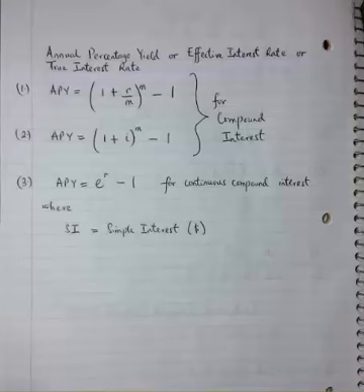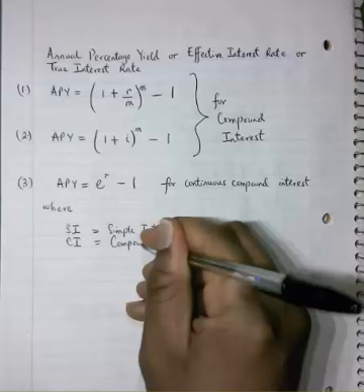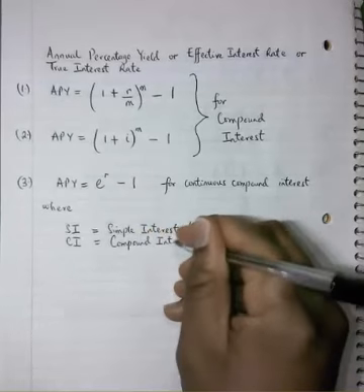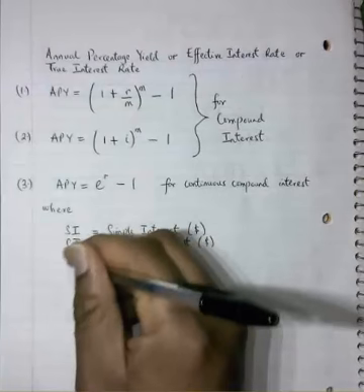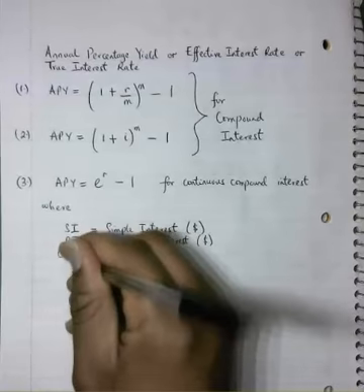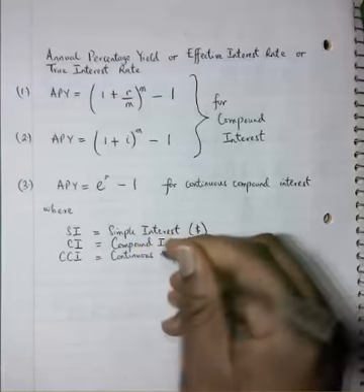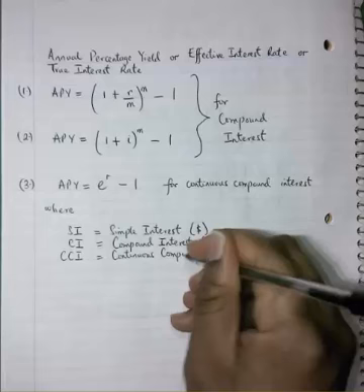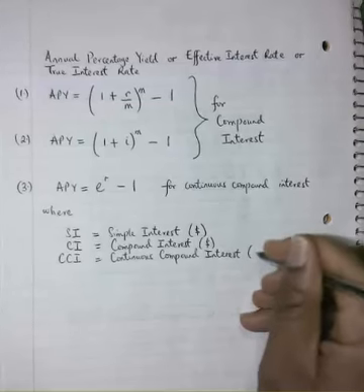In America, the legal tender is dollars. In Nigeria, the legal tender is naira. We have that CI is the compound interest, in dollars too. We always put the unit, always. CCI, we have it as continuous compound interest, in dollars.